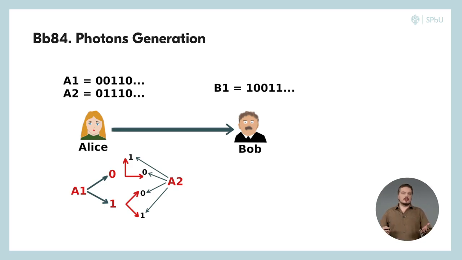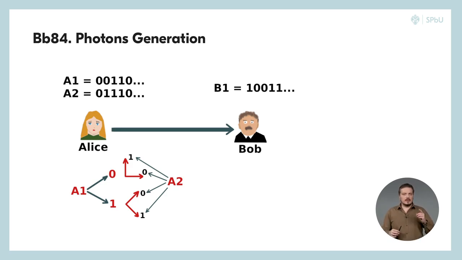If this bit is 0, then she creates a photon polarized in the 0-1 basis. The polarization of this photon is defined by the corresponding bit of the sequence A2. If the bit from A2 is 1, then she polarizes the photon vertically, otherwise horizontally.